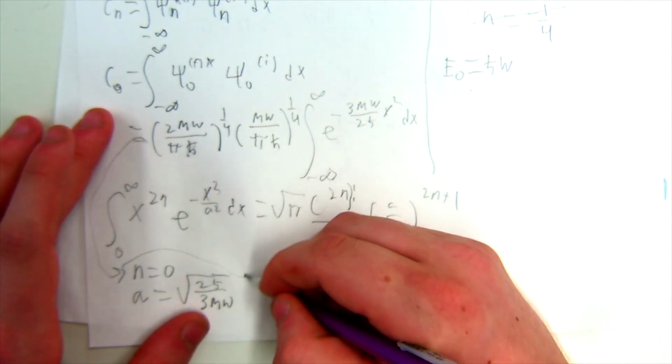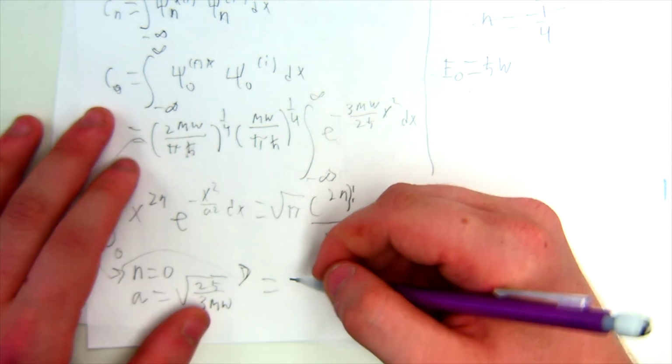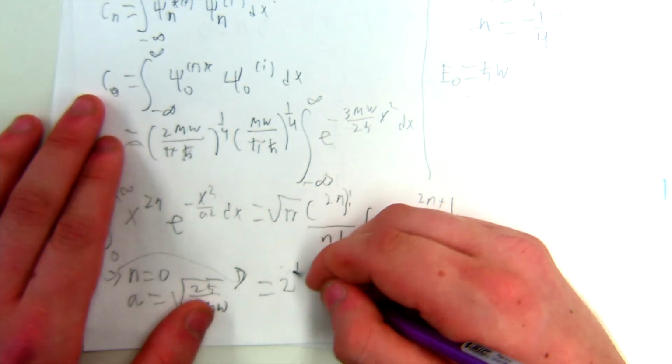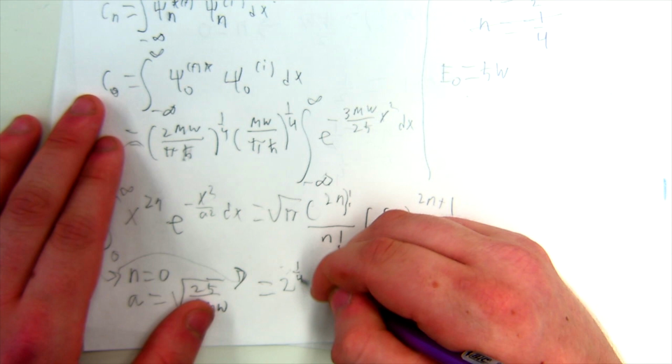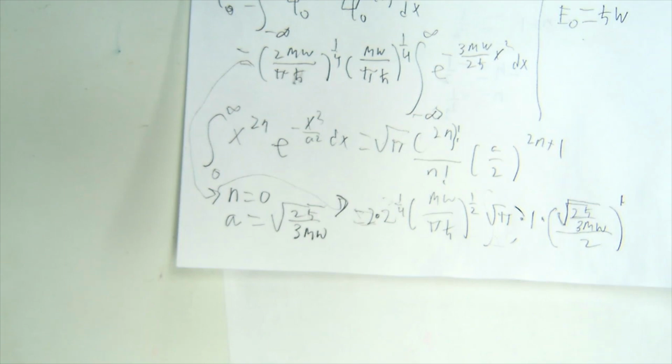So now this integral here will be equal to 2 to the 1/4 times (m omega over pi h bar) to the 1/2 times the integral from negative infinity to infinity. And importantly, this is an exponential function, however, our variable here is x squared, which is even, meaning that this integral can be written as twice the integral from 0 to infinity.